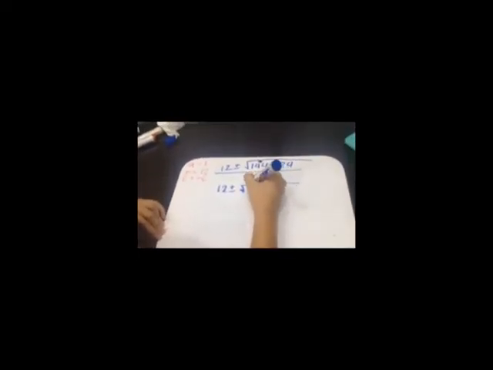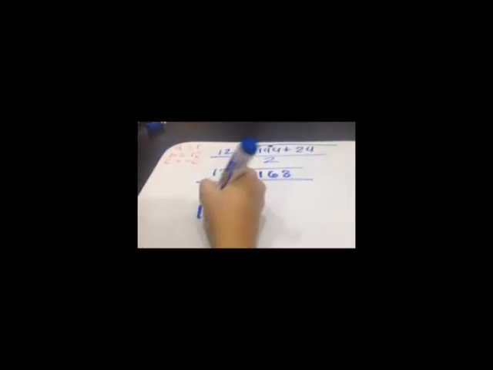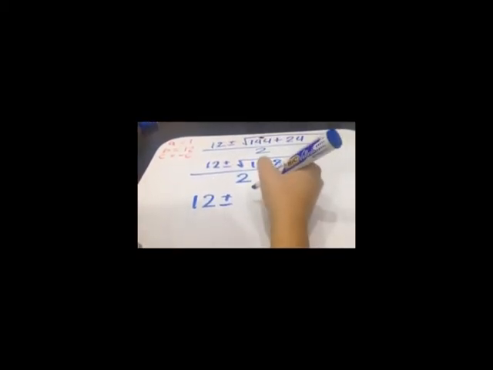Meanwhile we continue, it is 12 plus minus the square root of, now you will do this operation that will be a result of 168, between 2. Now we will continue doing the operations.